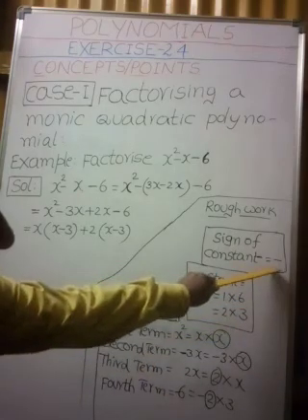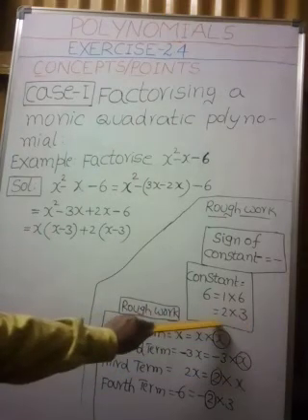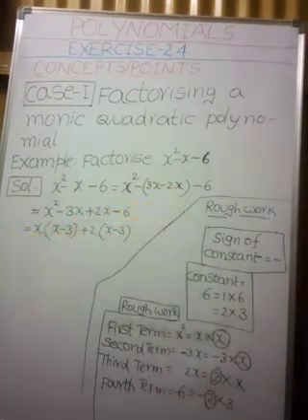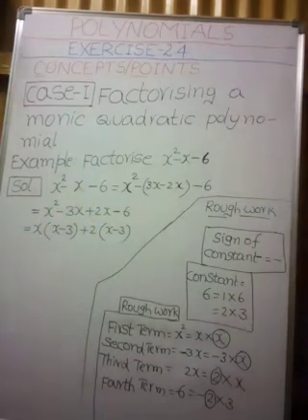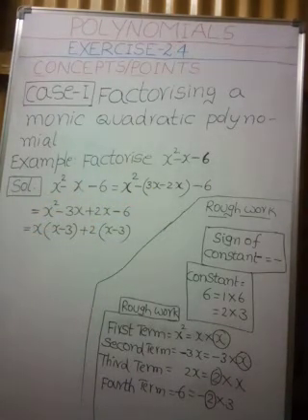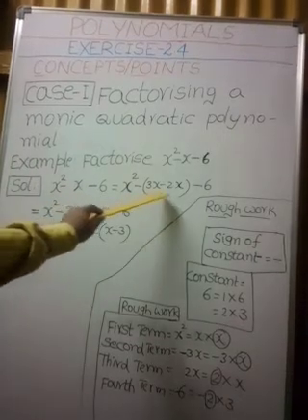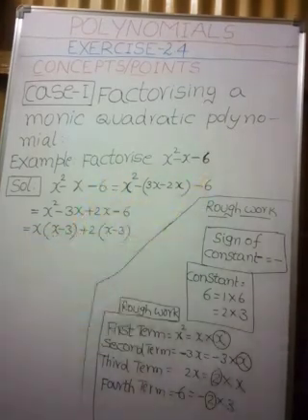Because of the minus sign, I told you big number minus small number. So 3x minus 2x. If you simplify these two terms, what will you get here? Again minus x only. That is why, for our convenience, we are splitting this middle term like this: 3x minus 2x minus 6. I wrote the last term as it is. Understood this point, my dear children?